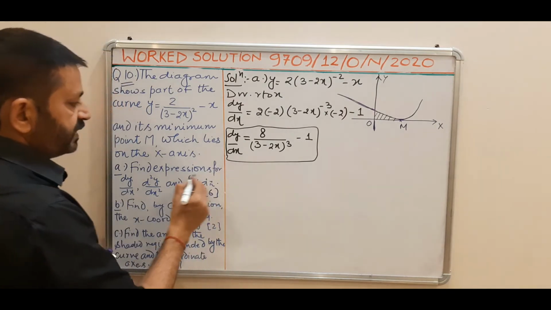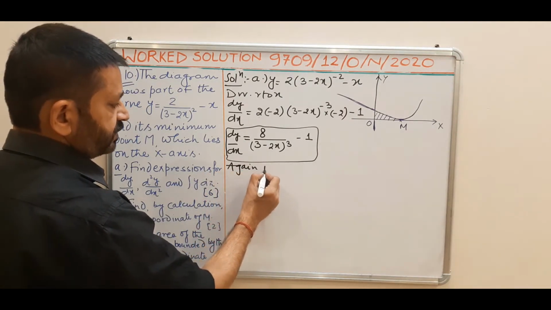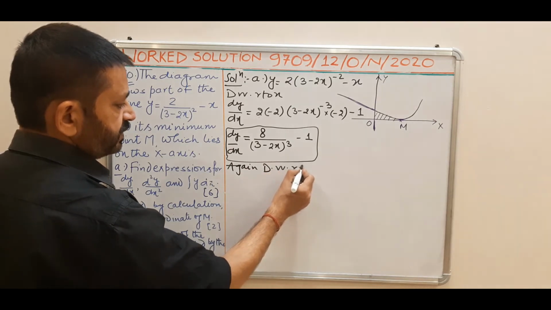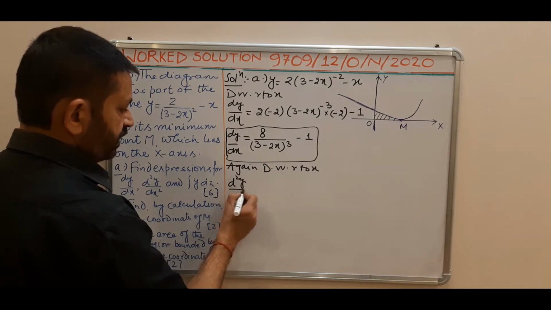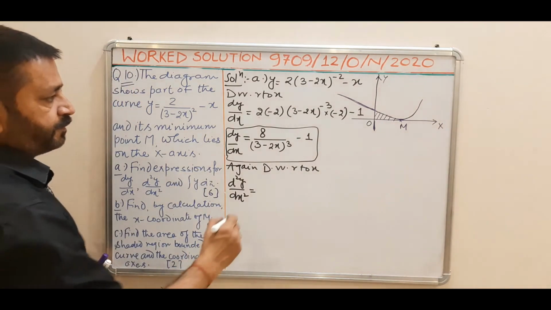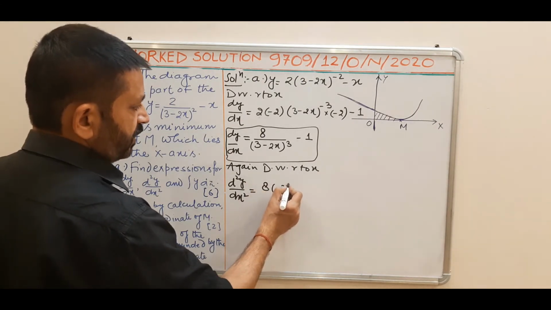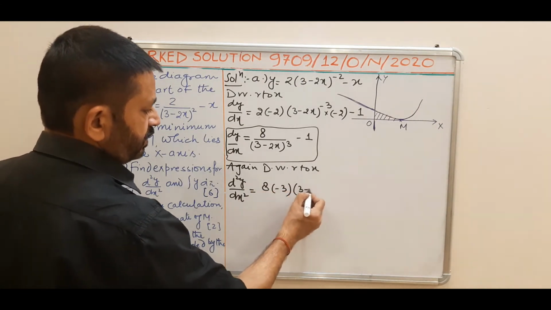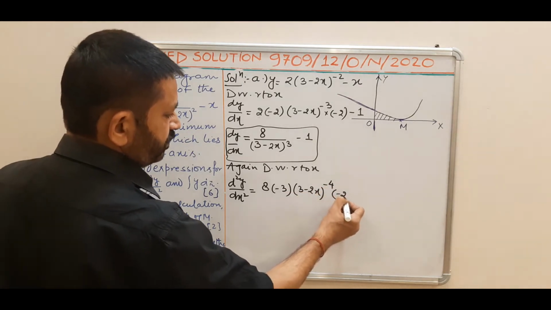Now we'll find the second derivative. We'll again differentiate this with respect to x. So we will get the second derivative, that is d2y upon dx square, and this will be 8 into minus 3, (3 minus 2x) to the power minus 4 into minus 2.